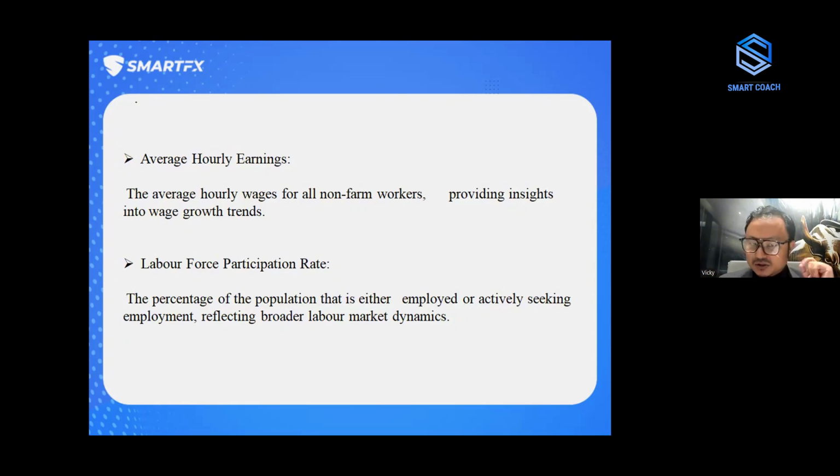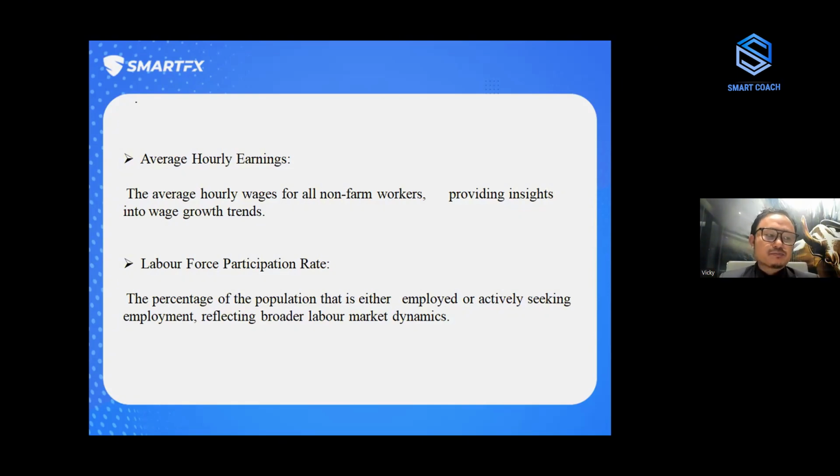So average hourly earnings, let me explain briefly. Okay, so average hourly earnings, in a situation where jobs are added.